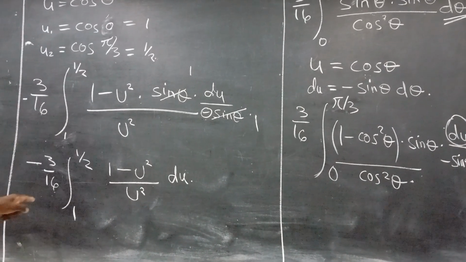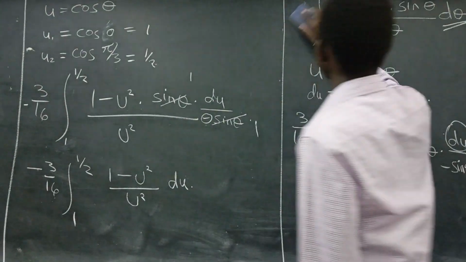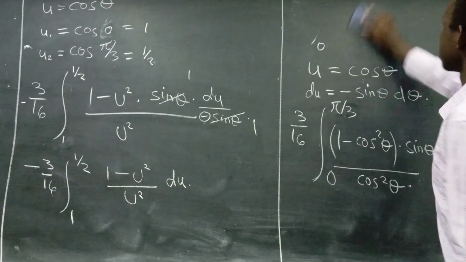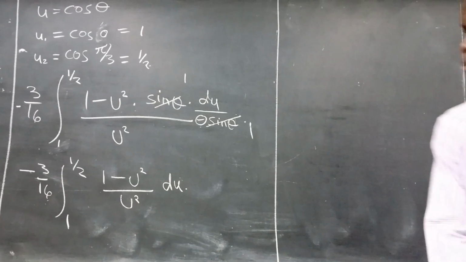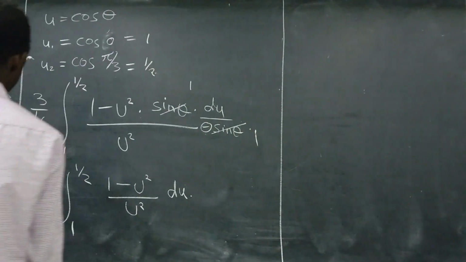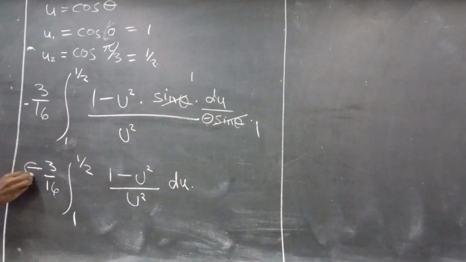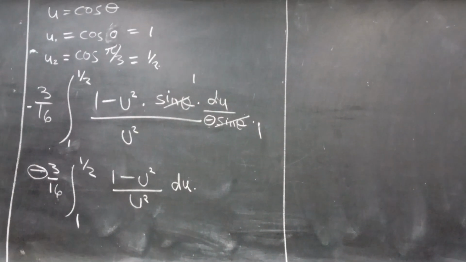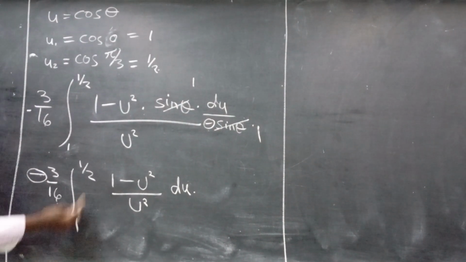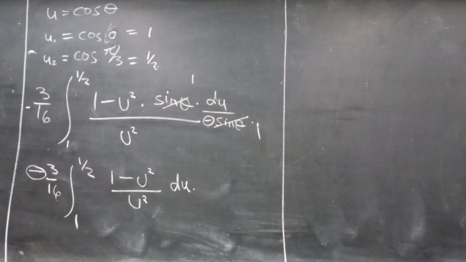From that part, we'll just continue. There's a trick there I'll have to explain. Once you have a negative sign outside the integral, there's a property that allows us to change the bounds by eliminating the negative sign.